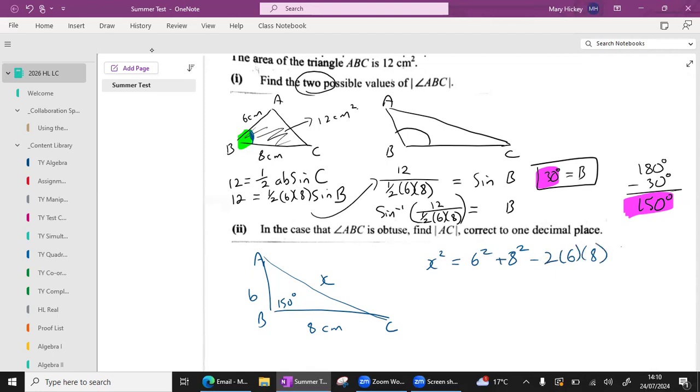Remember, with the cosine rule, if you're missing a side, you start with that side, and they should be opposite. The first and the last should be opposite each other in the diagram, which they are. So finally, we discovered that X turns out to be 13.5 to 1 decimal place, and the units are centimeters.